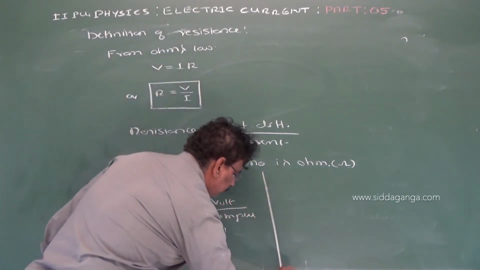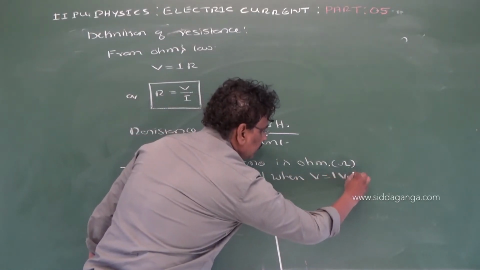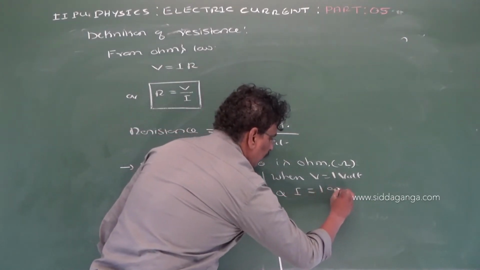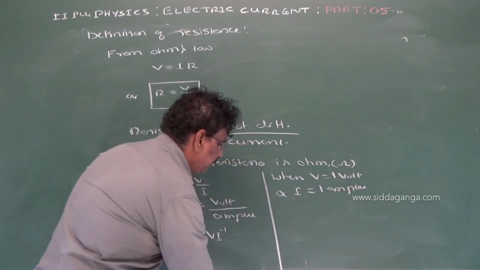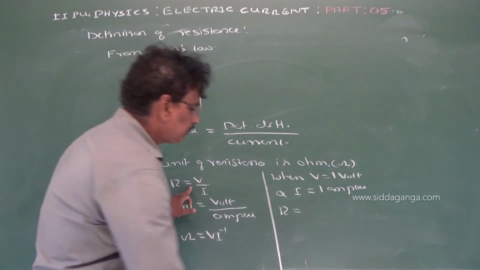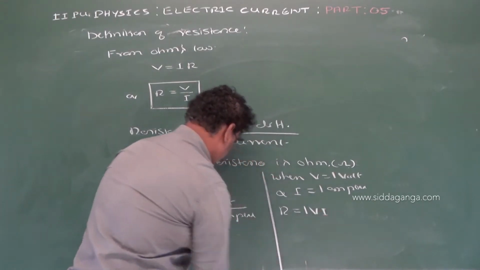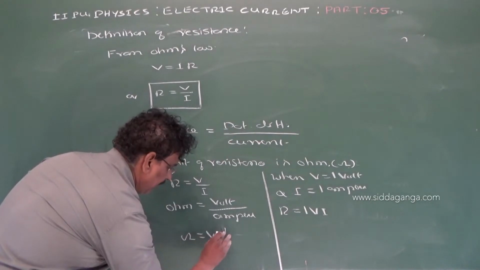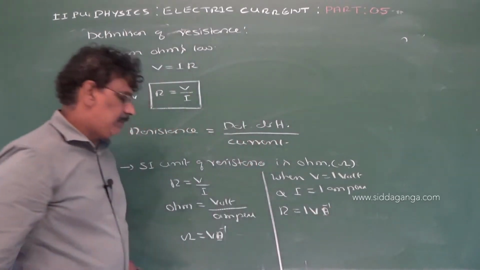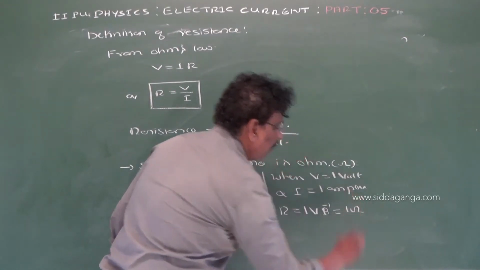So when V is equal to 1 volt and I is equal to 1 ampere, from this equation R is equal to 1 volt per ampere, that is equal to 1 ohm.